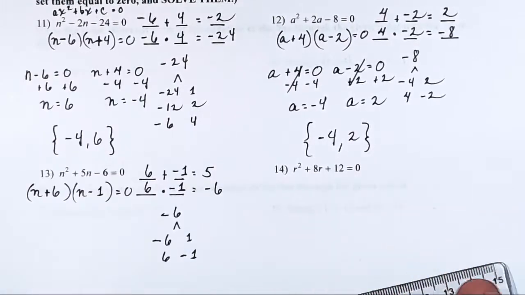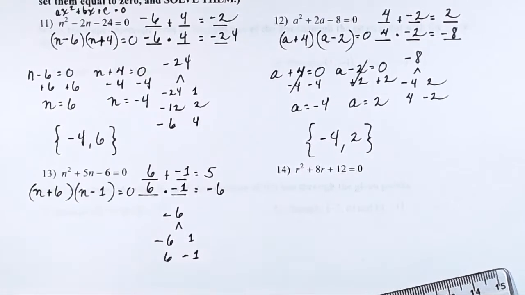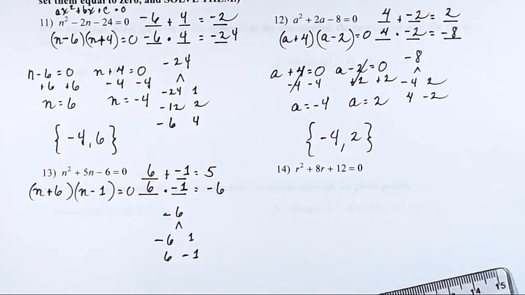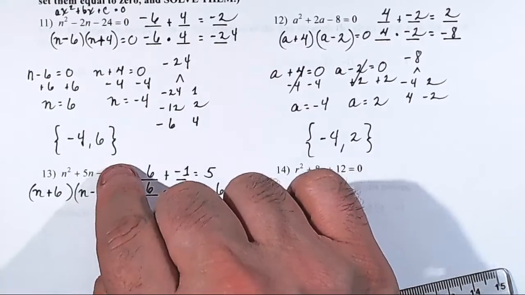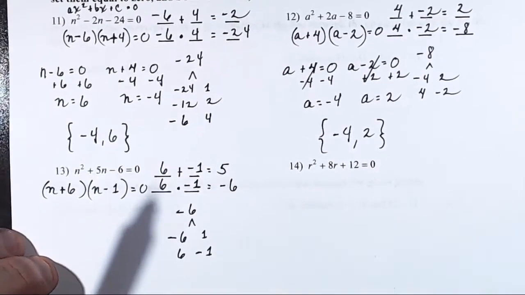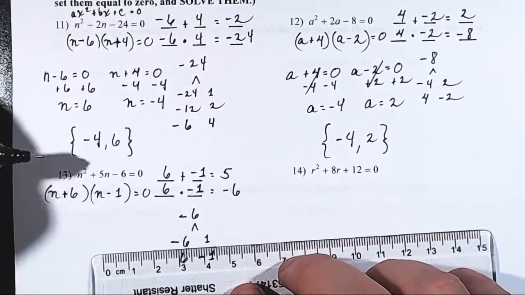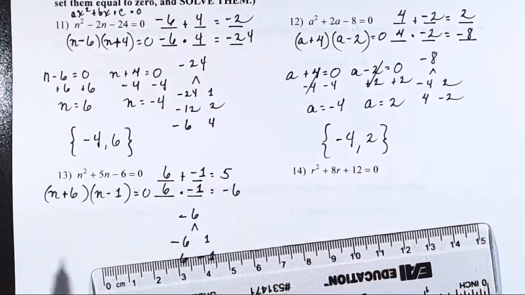A couple people have asked, does the order matter? No. Remember, this is just the form called factored form. You could always recombine these into that. If you used the FOIL method, you could recombine those to get this original equation.